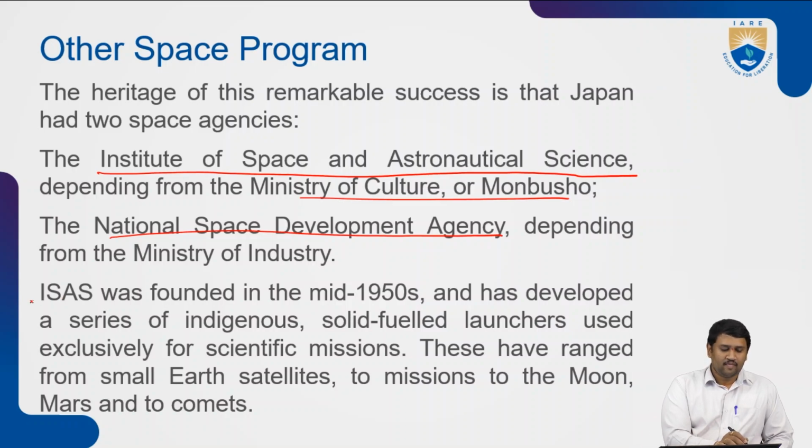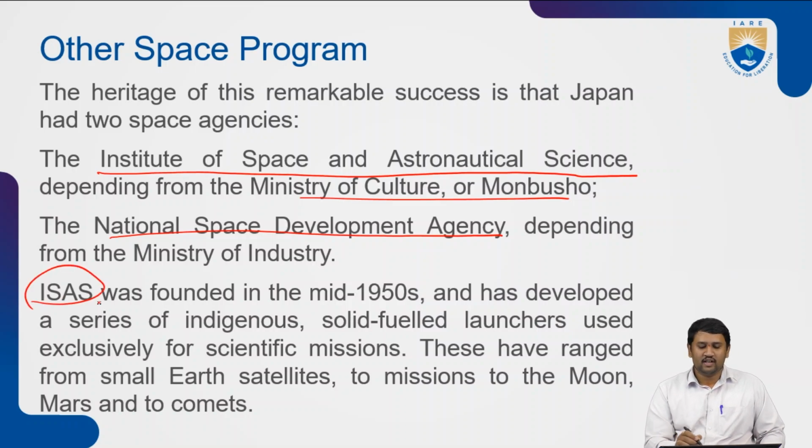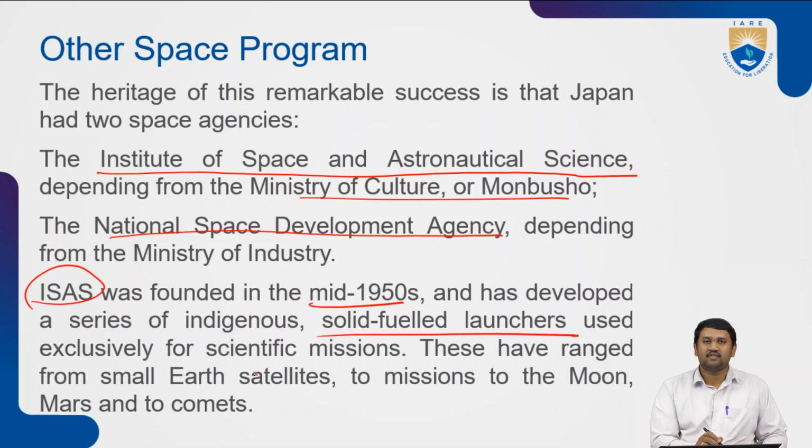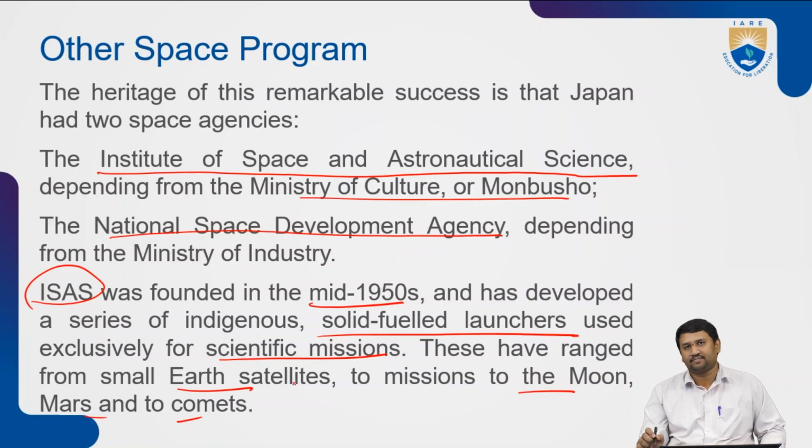ISAS was founded in the mid 1950s and has developed indigenous solid fuel launchers which are exclusively used for scientific missions. These have ranged from small Earth satellites to missions to the Moon, Mars, and comets.